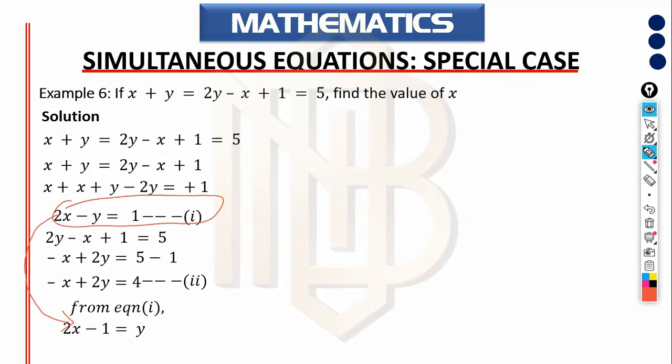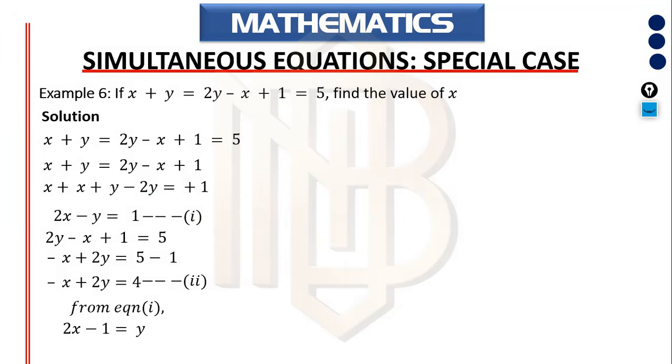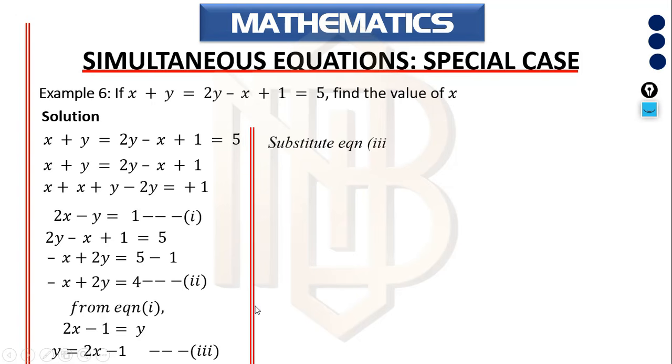If you make y the subject of the formula, you have y equals 2x minus 1, which is equation 3. And from there, you can substitute the value of y, 2x minus 1, into equation 2.